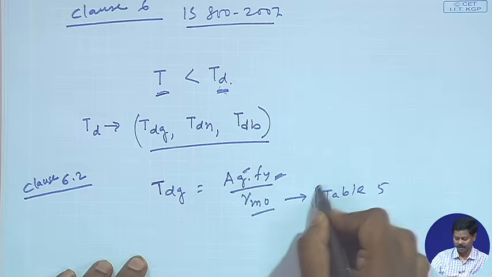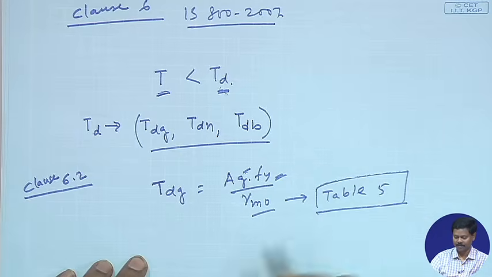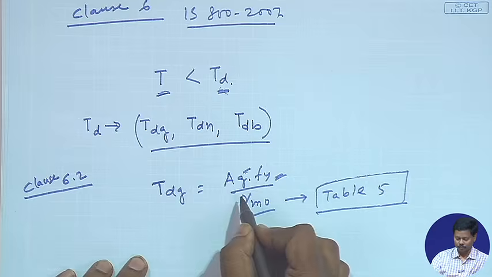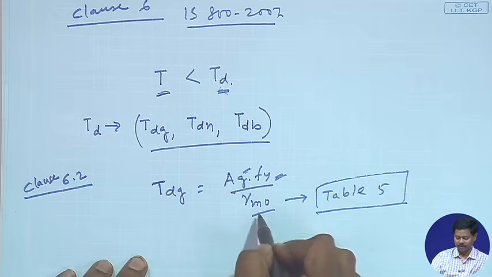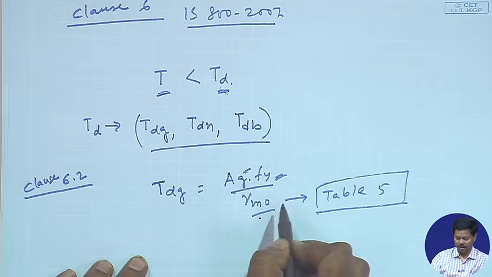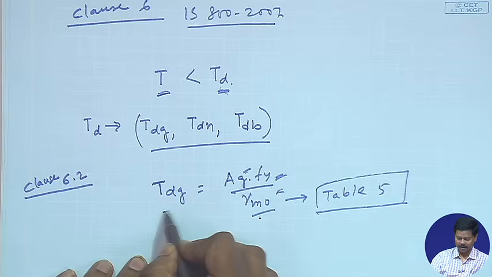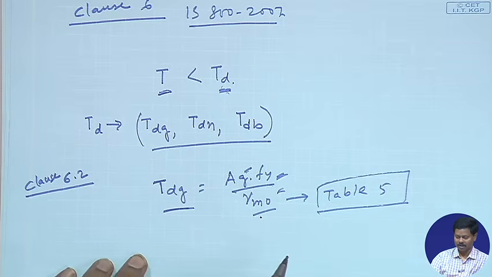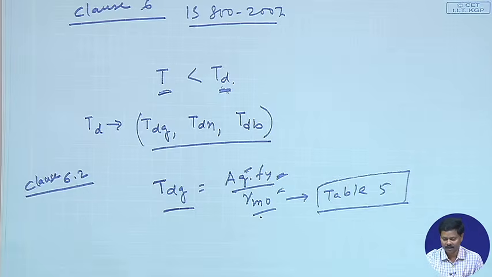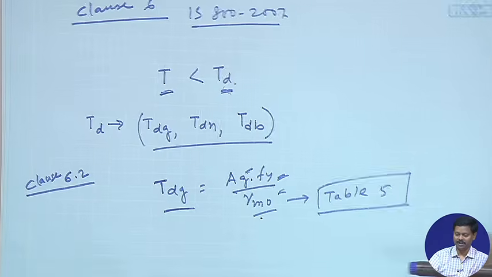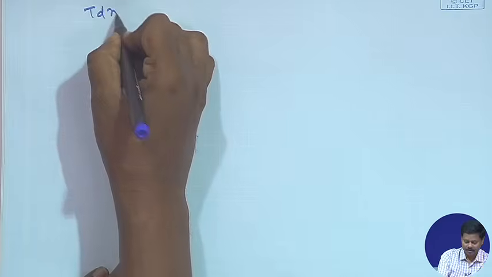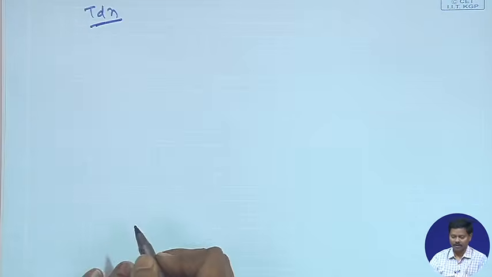Similarly, we can find the design strength due to rupture of critical section, TDN.